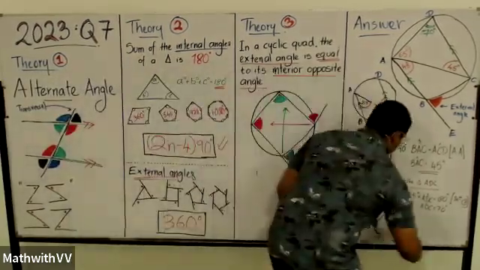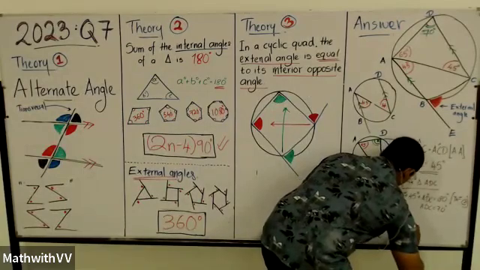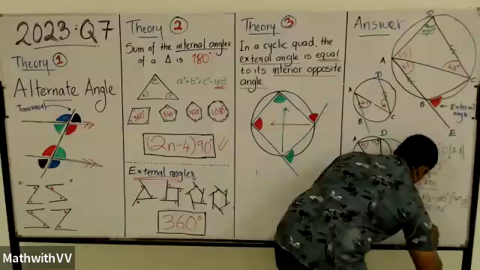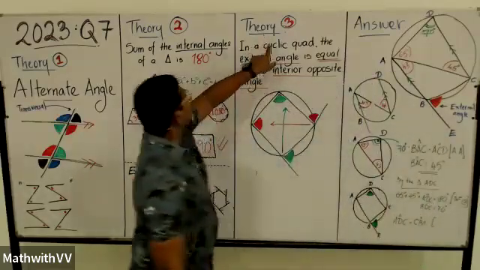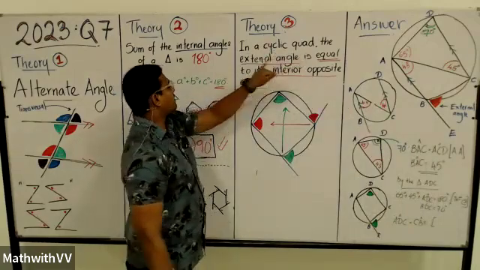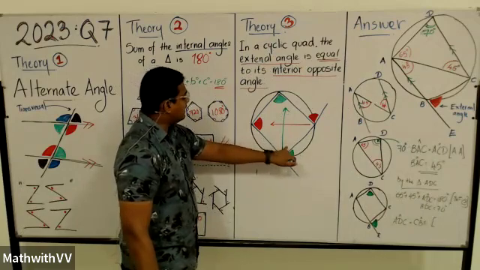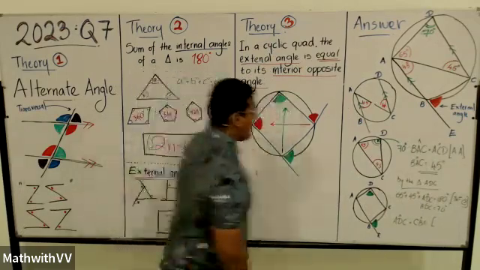The last one: ADC equals CBE. Why? By theorem 3. In a cyclic quadrilateral, the external angle is equal to its interior opposite angle.